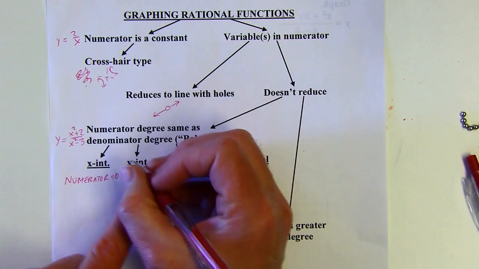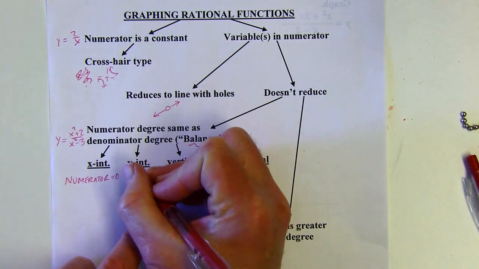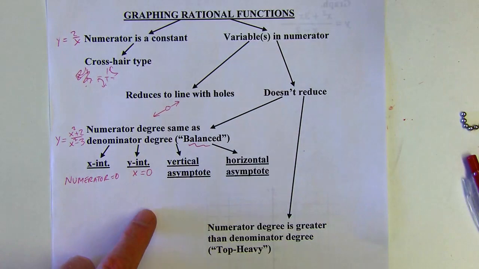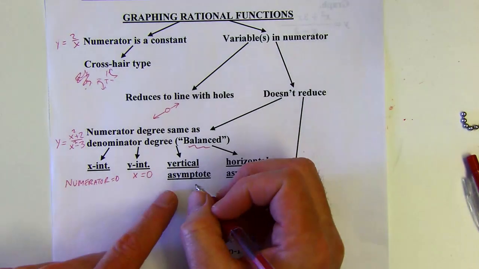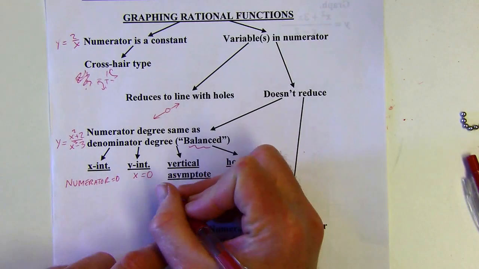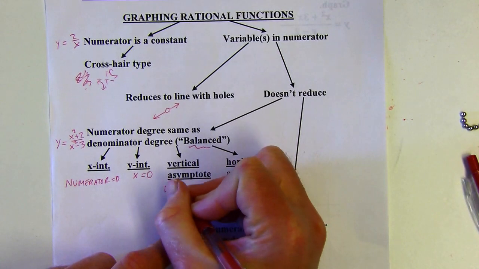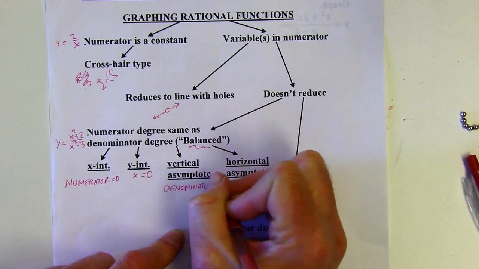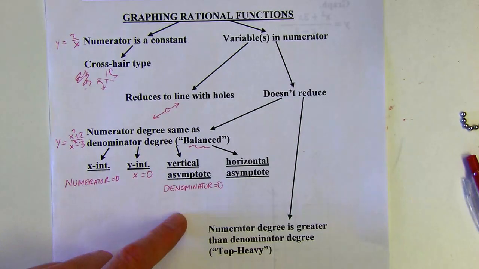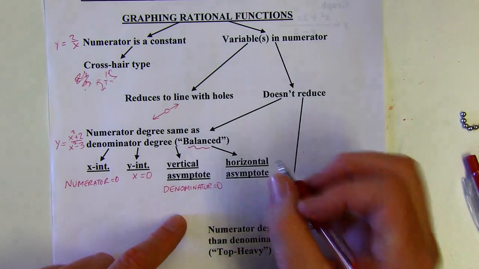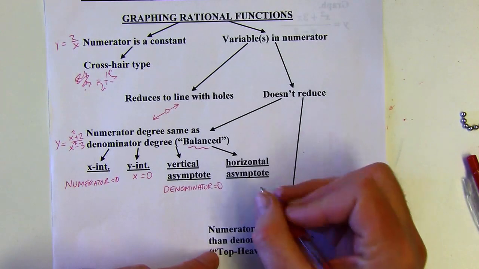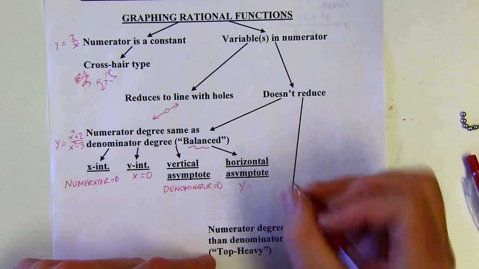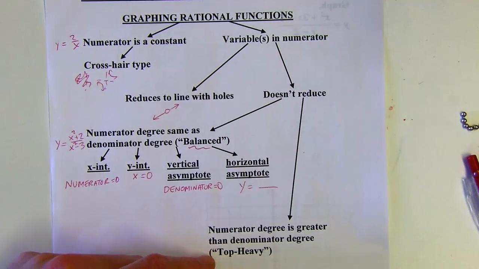Okay, the y-intercept is always going to be the line x equals 0. Okay. Then we've got a vertical asymptote, and what you're going to do is set the denominator equal to 0 to get the vertical asymptote, okay? The horizontal asymptote, it's got to be the line y equals something, and it's going to be y equals, and then we've got a fraction.